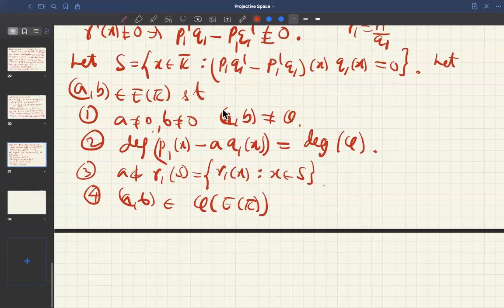That is okay. For example, x square plus 1 and 4x square plus 3, they're co-prime, right? When we say co-prime, we're co-prime over the field K, not over the ring.